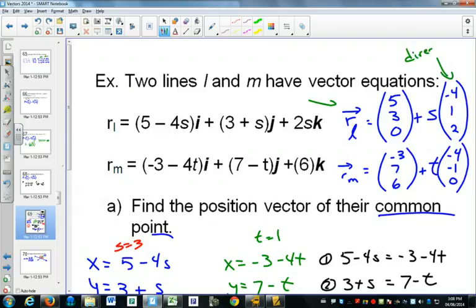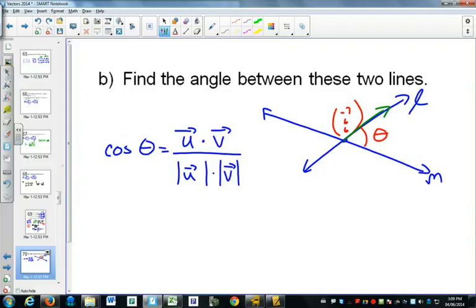This is our direction vector. So along here for L, (-4, 1, 2) is the direction that vector L is going in. And it doesn't matter how long or how short you make that vector, the angle between those two vectors will be the same.